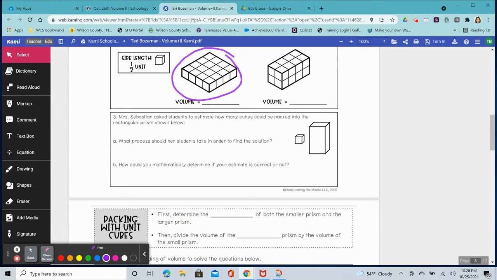Like here, these have unit cubes packed inside of them, right? So think about that process and how you would determine how many of these little cubes would go into this prism. So this is not a question I'm going to go over with you. I want you to answer that one on your own.